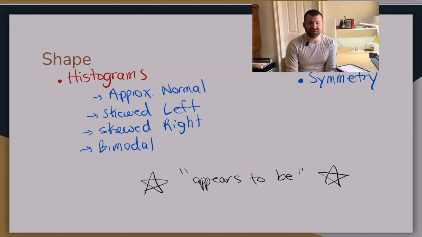So using the phrase appears to be bimodal takes care of that non-deterministic language that is so incredibly important. Same thing for a box plot, saying that it appears to be symmetric or it is roughly symmetric. Incredibly important, because otherwise you may lose a very silly point on a free response question. This is not the reason why you want to be losing points. Right? If you lose points on the AP exam, you want it to be because you didn't know how to do something, not because you forgot the word appears or approximately or roughly.